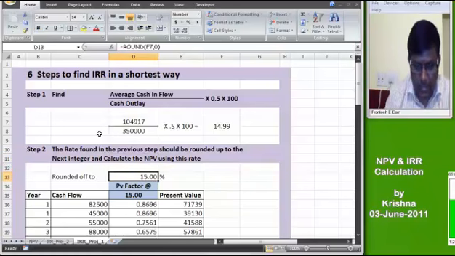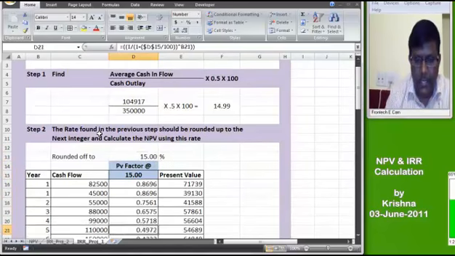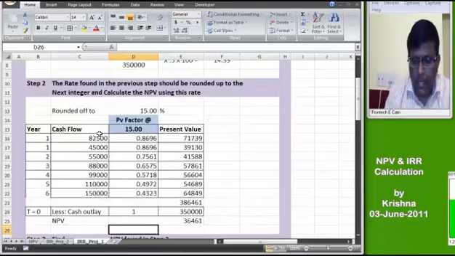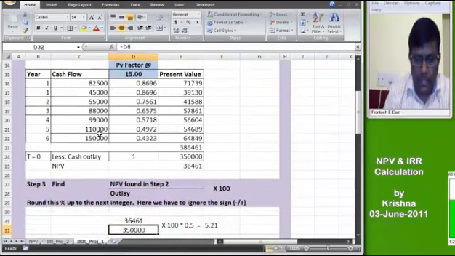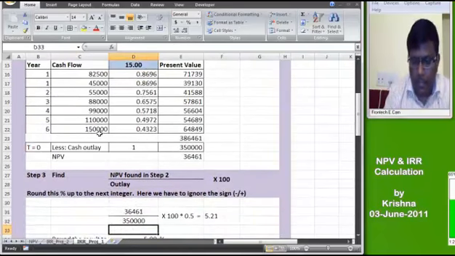Using the rounded percentage we identify the net present value, and in the third step, for the net present value found in the second step, we identify the percentage by dividing by the capital outlay.